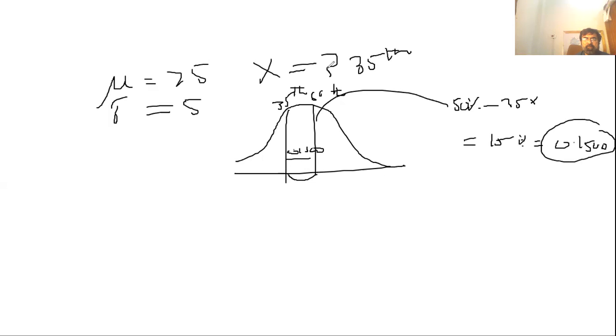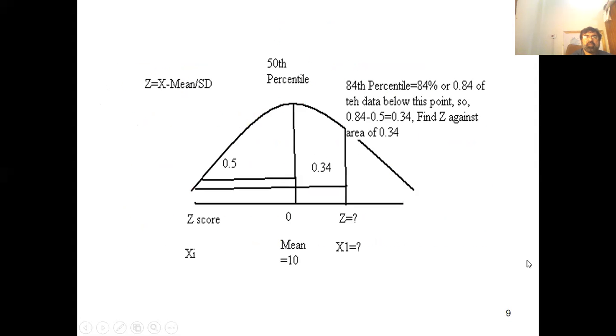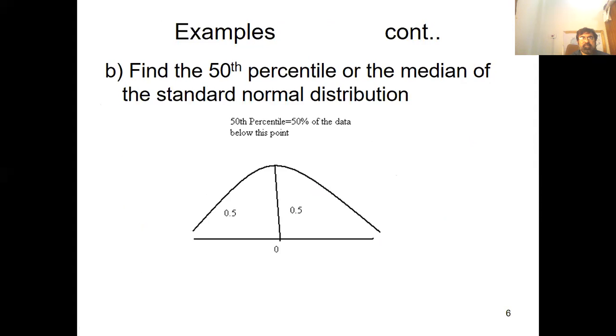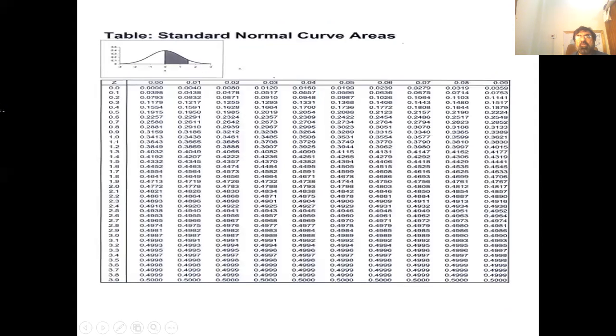Now look in the table, the area of 0.15, what Z value it carries. So 0.15, 0.154, 0.157. So the nearest area is 0.1517, which is below 0.09 and in front of 0.3. So it becomes 0.39.